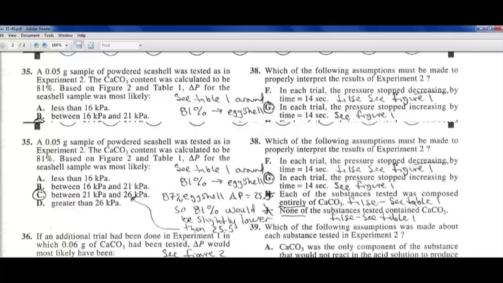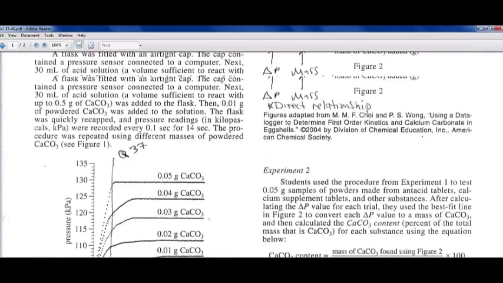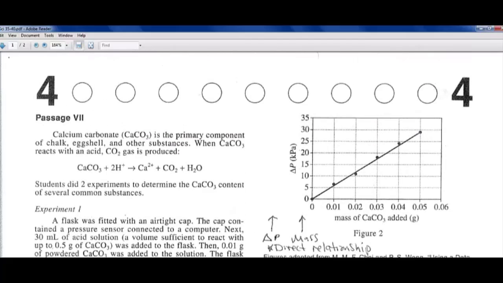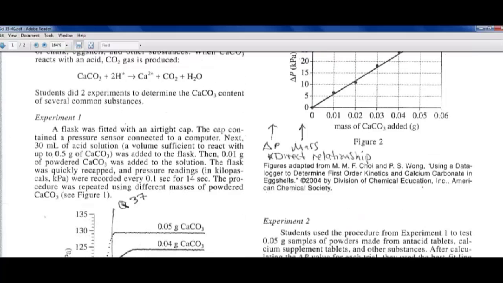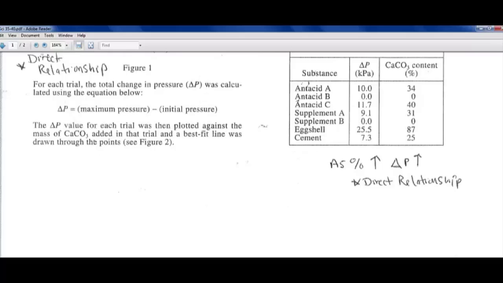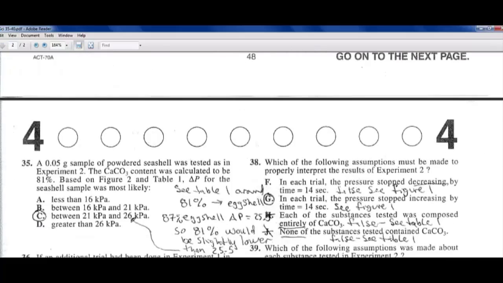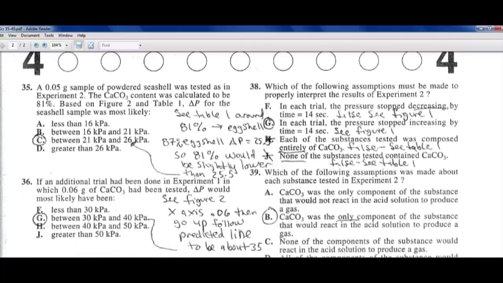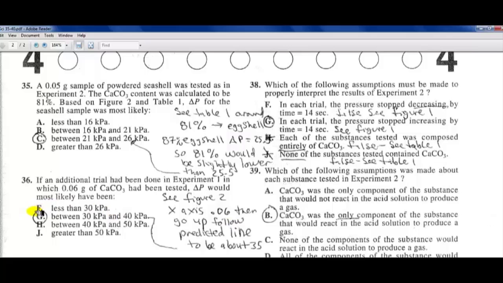Once again, you just look at that chart and see that the only answer that makes sense up here for 0.06, that line is just basically continuing up further, equals 35. So between 30 and 40 has to be the only answer that's going to work here. This particular problem, the correct answer therefore is going to be answer choice G for 36.